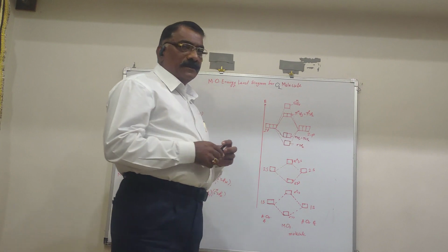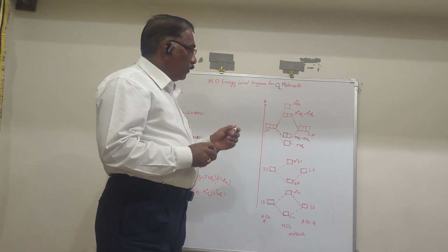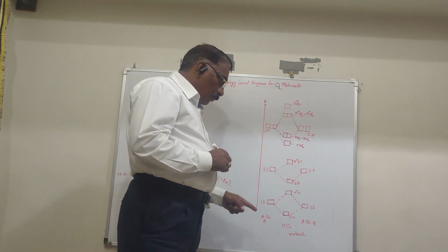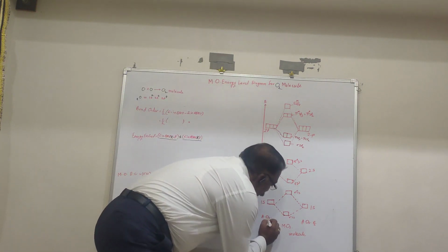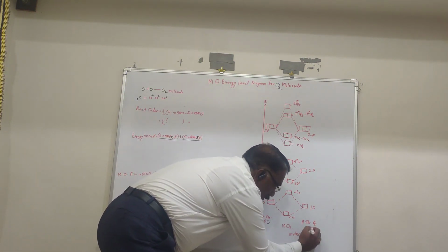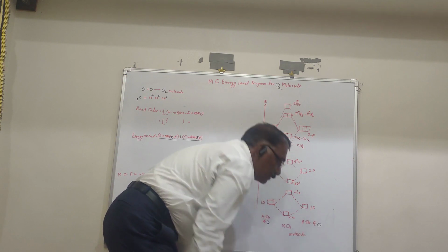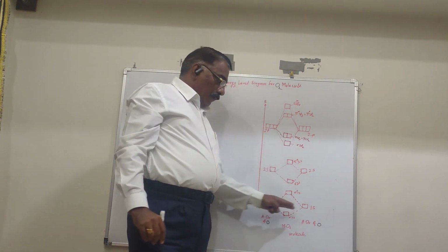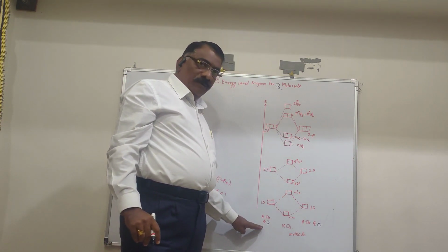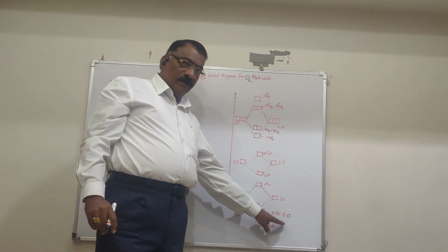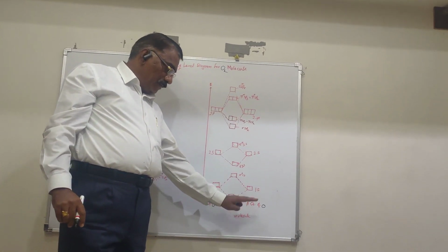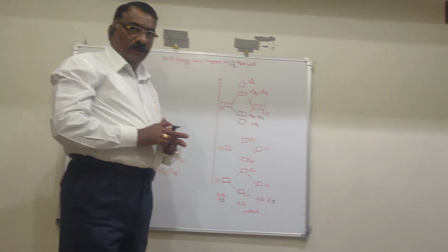Two oxygen atoms combine to form this O2 molecule. There is combination of atomic orbitals of one oxygen and atomic orbitals of the second oxygen. Atomic orbitals of the first oxygen are on one side, atomic orbitals of the second oxygen on another side, and they combine together.